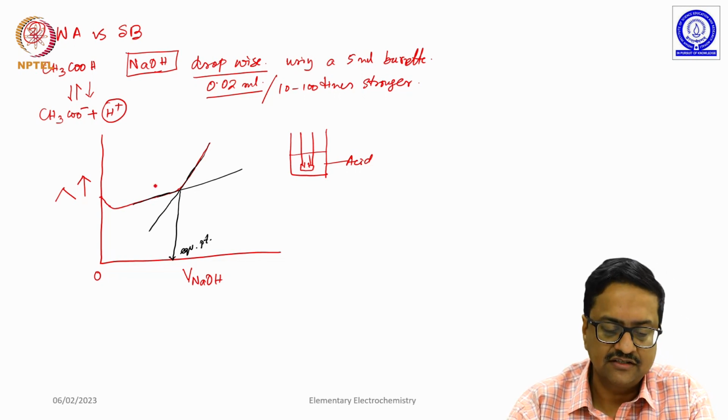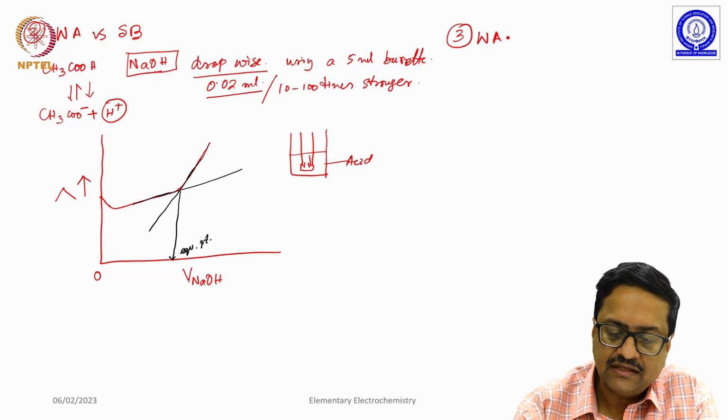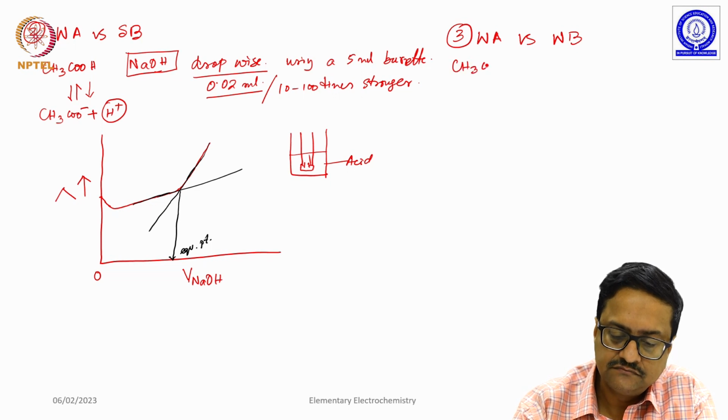and I hope you understand the reason for this nature. So now if I try to draw the second one, weak acid versus weak base. Suppose acetic acid versus ammonium hydroxide.